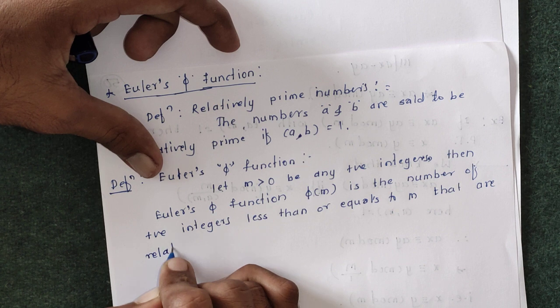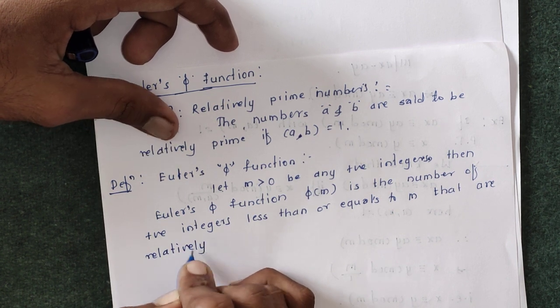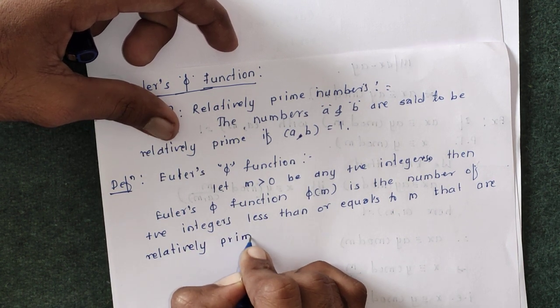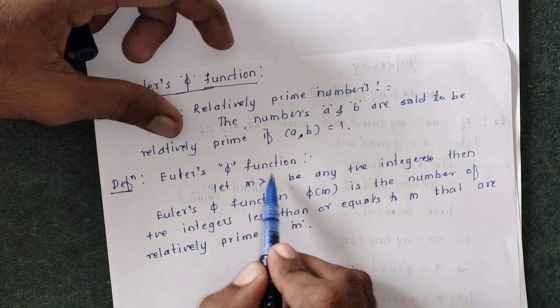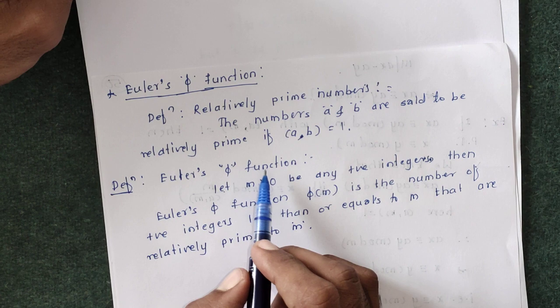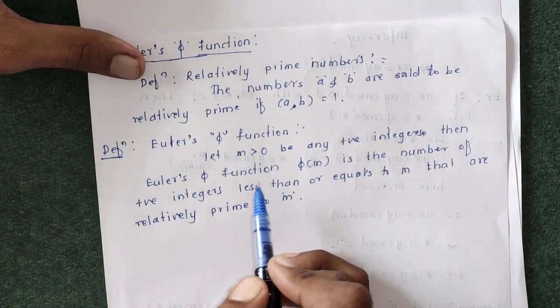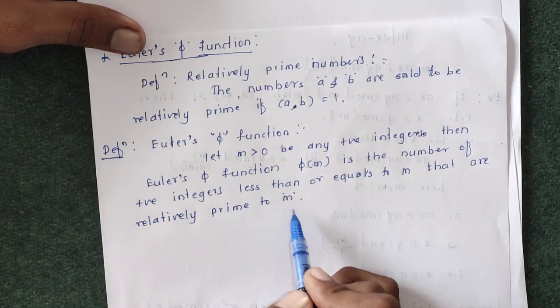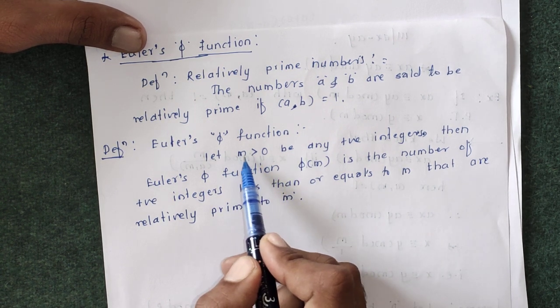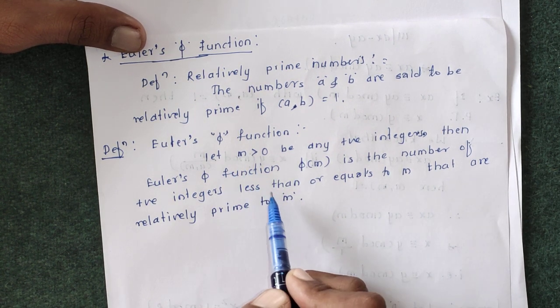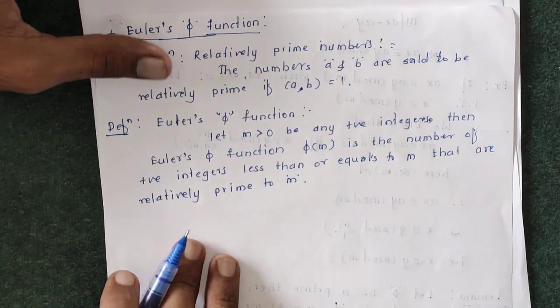That means for any positive integer m, the Euler's phi function is defined as the number of positive integers less than or equal to m whose greatest common divisor with m is equal to 1.